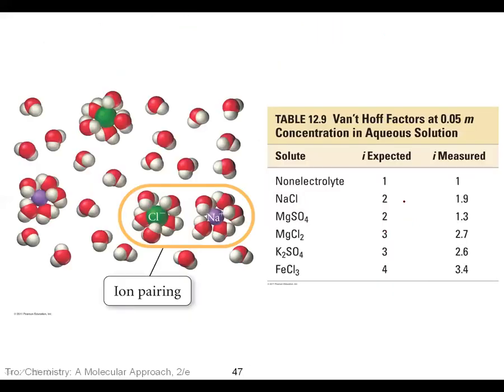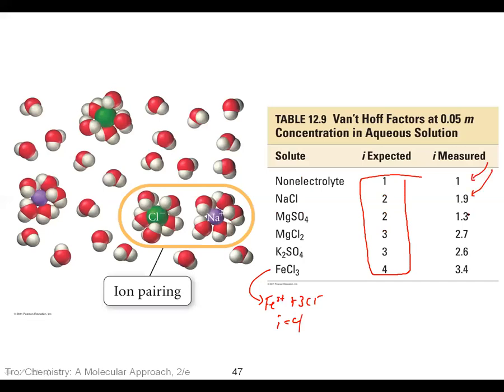Now, most of the time, we will just use the expected value for i, which you could get from the formula breaking apart. So for example, here, iron 3 chloride, you get 1 iron 3 and 3 chloride ions, i would equal 4. In reality, though, experimentally, they are slightly different than those numbers.